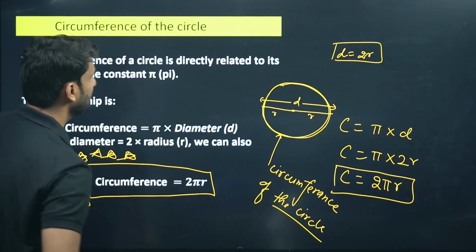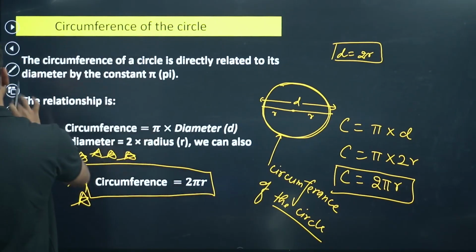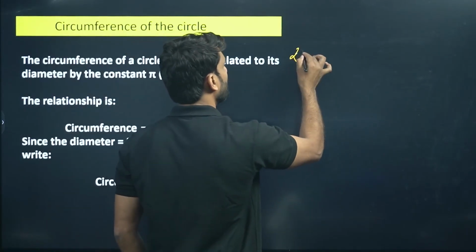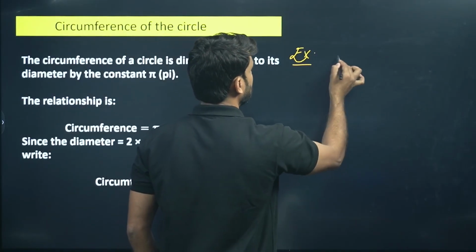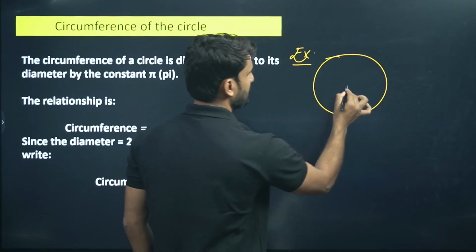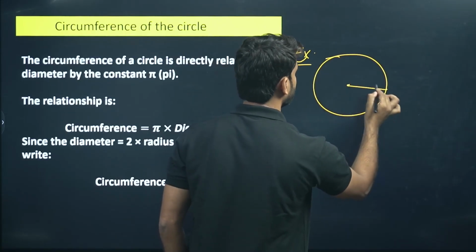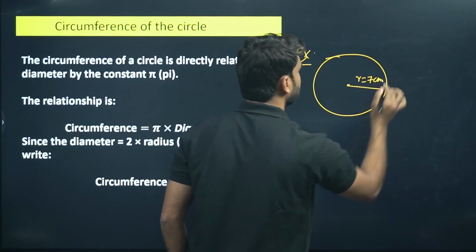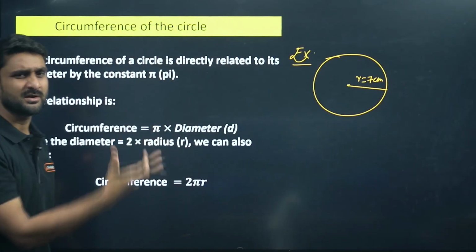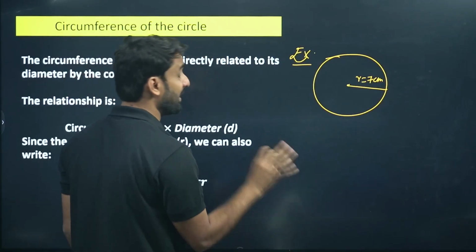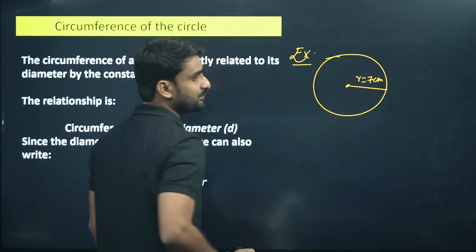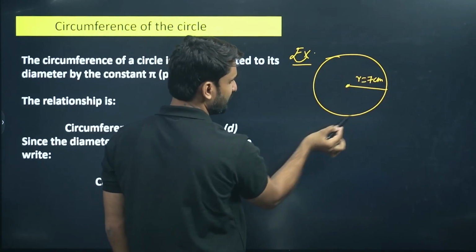Let's have an example. I am giving you an example here of how we can use this formula directly. Let's say there is a circle, and the radius of the circle is 7 centimeters. I am asking you, what is the total length of the boundary of the circle?